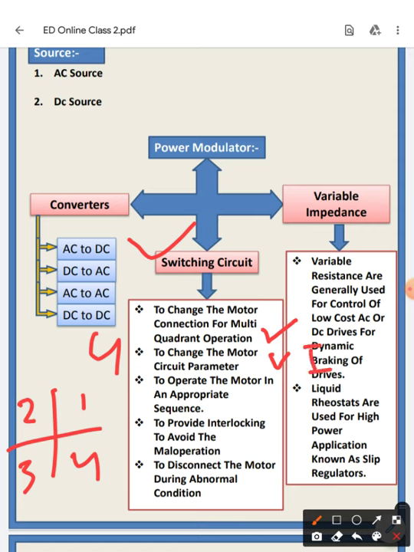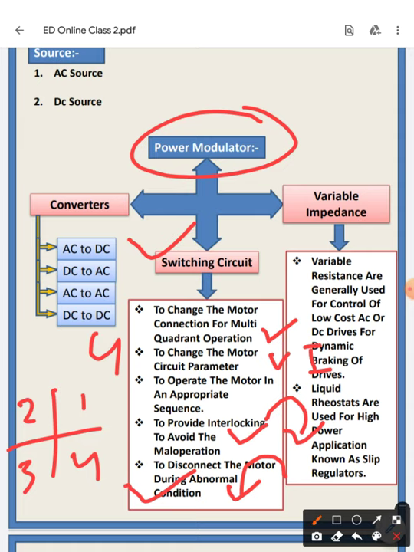Third, to operate the motor in an appropriate sequence, whether clockwise or anti-clockwise. Fourth, you can provide interlocking, and fifth, to stop the motor during abnormal conditions. So this is all about the function of the power modulator.